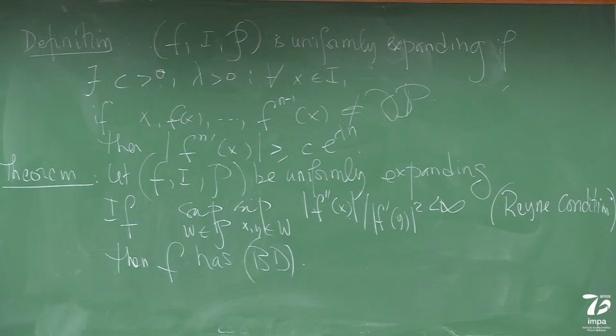You need a bounded distortion condition. In complex dynamics, when you need to prove that the Lebesgue measure of a Julia set of a polynomial that has some hyperbolicity, bounded distortion, yeah, it's very much used in dynamics.